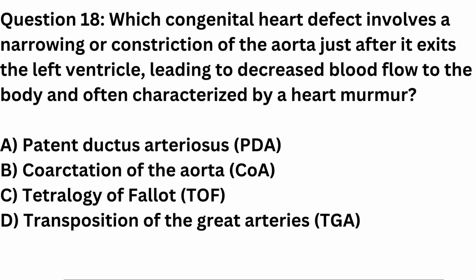Question 18. Which congenital heart defect involves a narrowing or constriction of the aorta just after it exits the left ventricle, leading to decreased blood flow to the body and often characterized by a heart murmur? A. Patent ductus arteriosus, PDA. B. Coarctation of the aorta, COA.